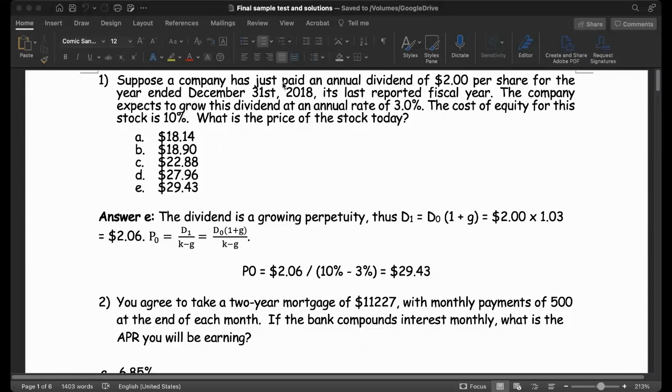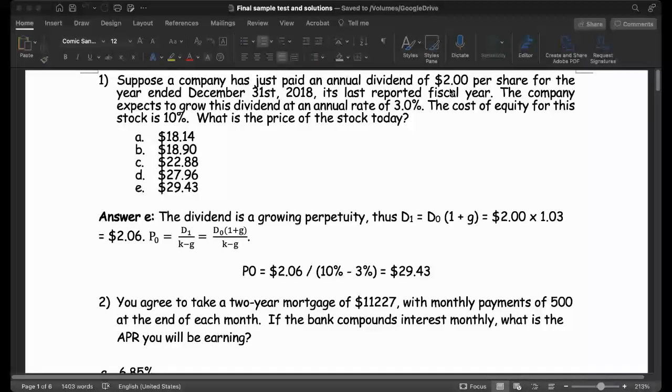We know that this firm just paid an annual dividend of $2. Just paid, which means this is D0. Any dividend that has just been paid or already paid is already paid out, so you will not get this dividend if you purchase the stock today.